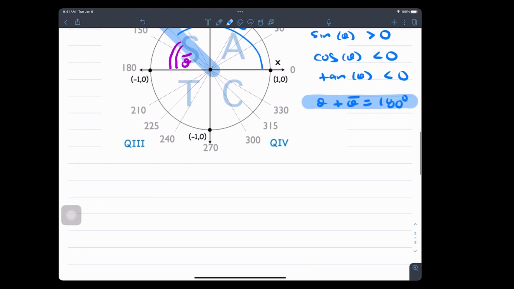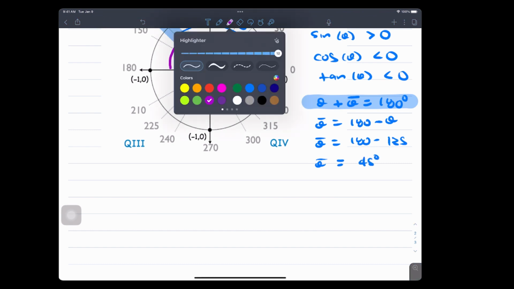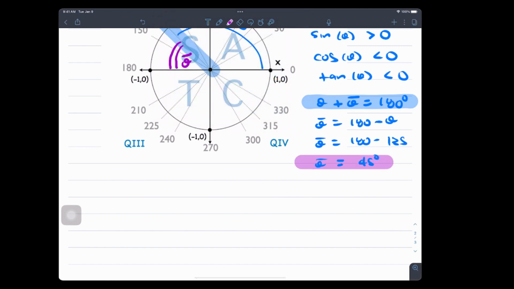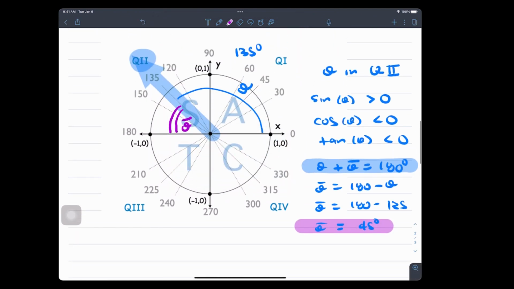How do you solve for the reference angle? Well, the reference angle is going to be 180 minus theta. So the reference angle is 180 minus 135, because that's your angle theta. What's your reference angle going to be then? 45 degrees. This is what you need to know.